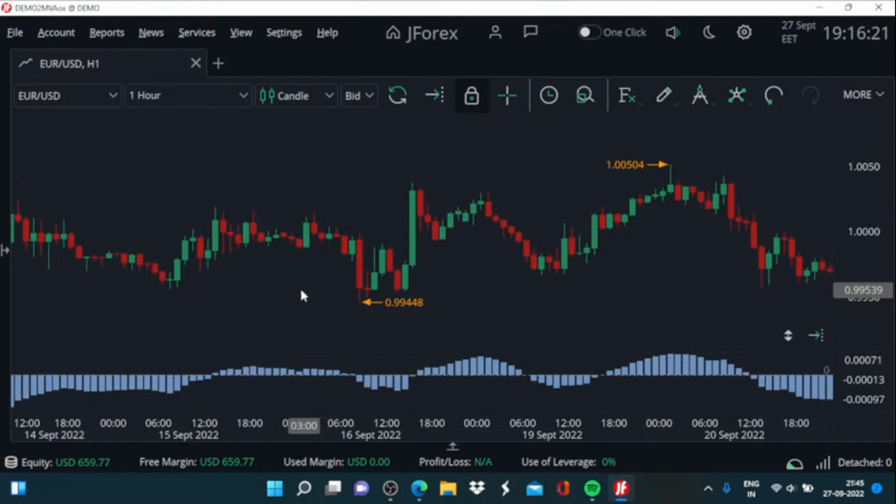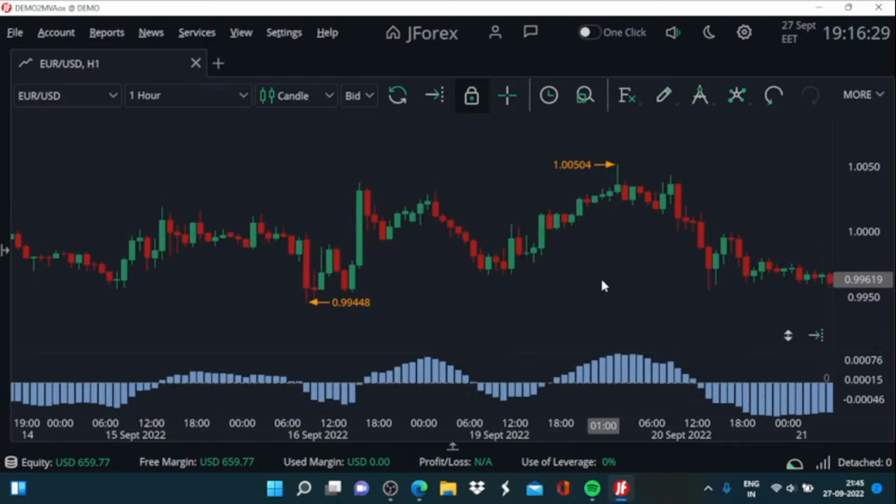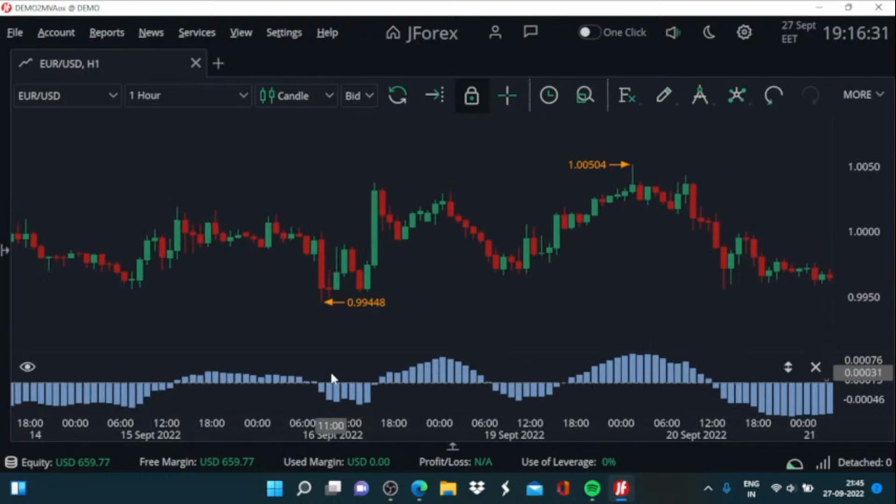When we have the momentum sideways, then we will have these frequent changes from one side to the other, and sometimes what happens is that for an extended period of time the underlying instrument doesn't really go anywhere, and during those times we get these frequent changes. The output keeps fluctuating from the positive to the negative territory.